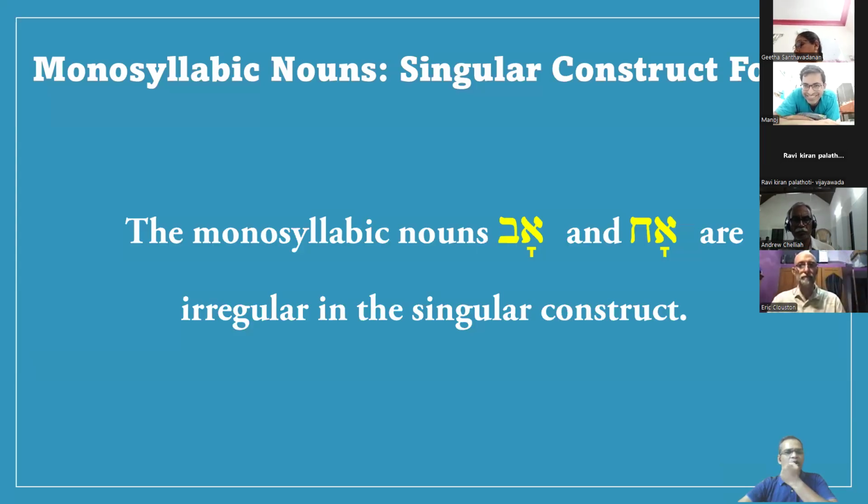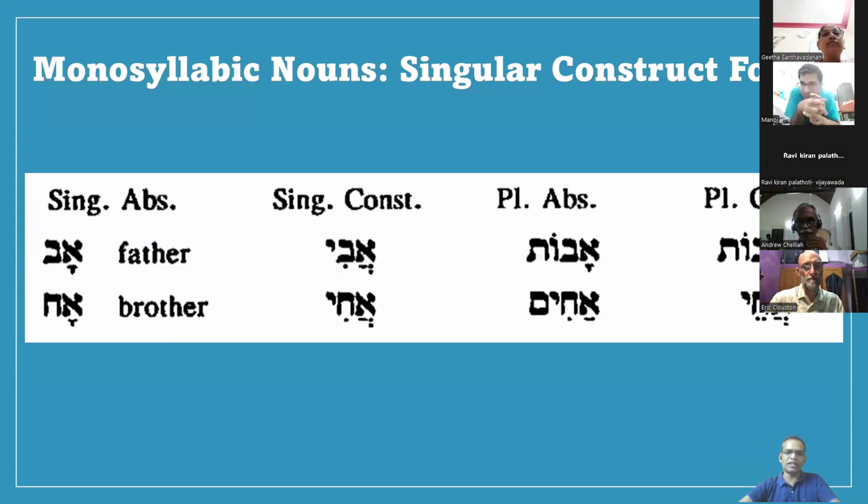Yes. So now these two nouns, which are singular monosyllabic with a long vowel, will not appear in the regular form. Some irregularities will be there. Av becomes avi. So after learning the pronominal suffixes, we should not be confused, because sometimes we may think that avi means my father, ahi means my brother.